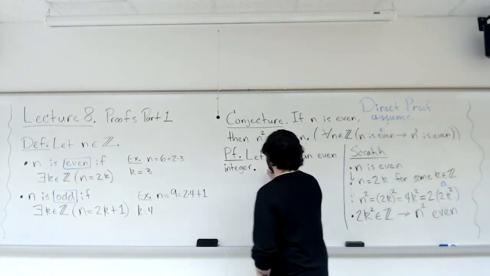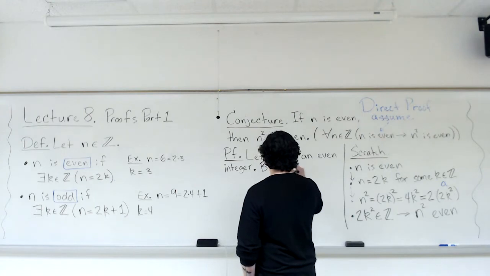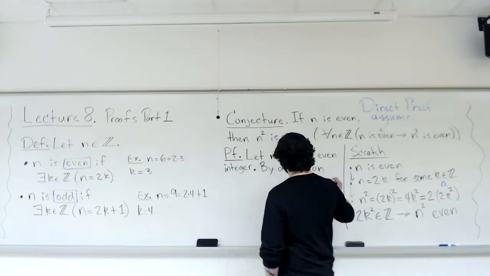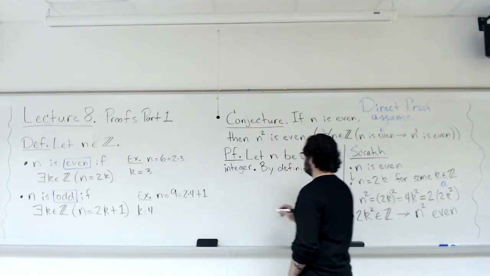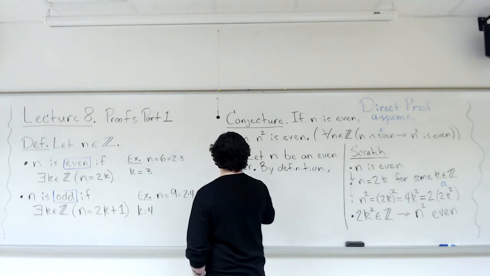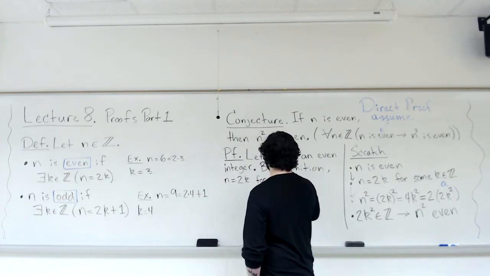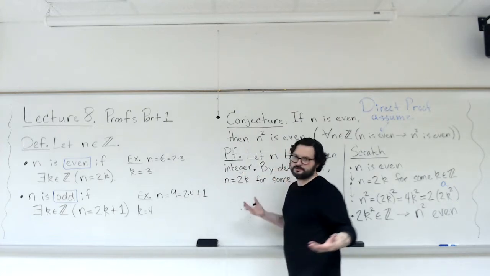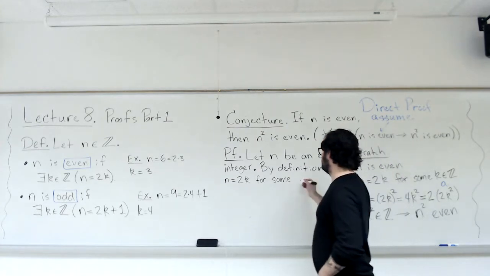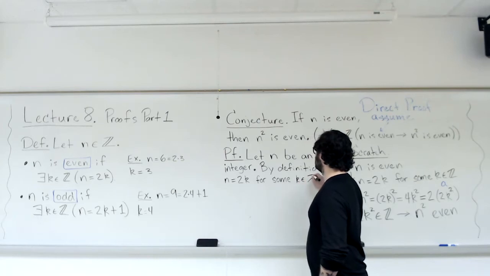So by definition, n is equal to 2 times k for some. Now there's 2 ways I could do this. I could say for some integer k, or I could write for some k that is an integer.